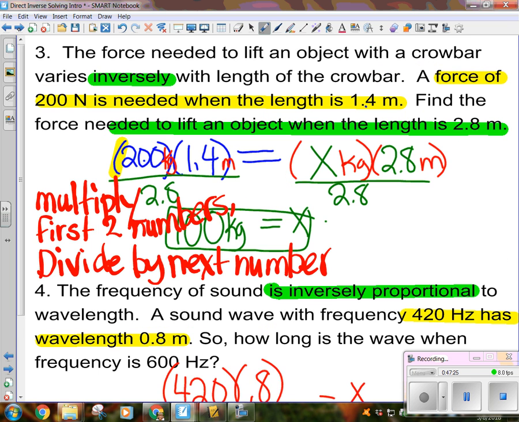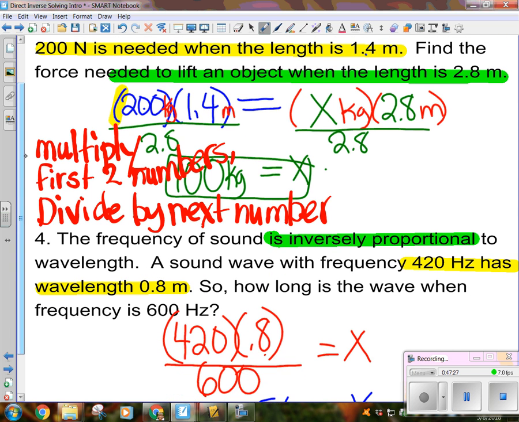How do you solve inverse? Multiply the first two numbers, divide by the next. It works every single time. If you can get the right two numbers matched up, that will work every single time. So inverse can be very fast to solve if you can find the numbers that go together. We're doing the back side, we're doing all of them.